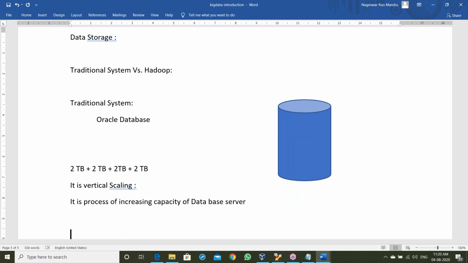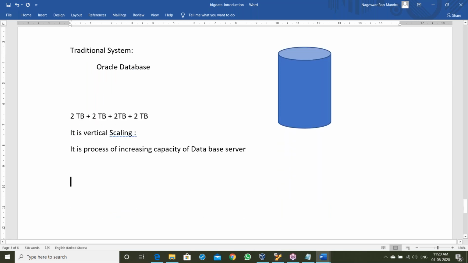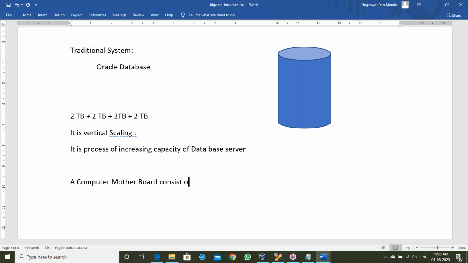How do you increase that capacity, adding 2 TB here? In a computer, the motherboard consists of 12 slots.